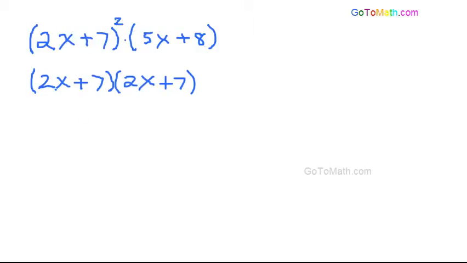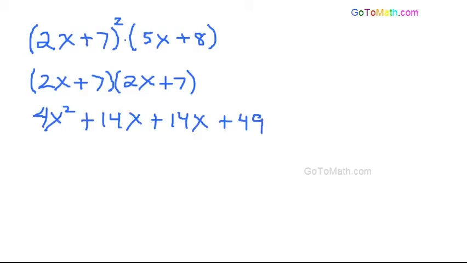How's that? So we have 2x times 2x, that's going to be 4x squared, and then we have 2x times 7, that's going to give us 14x, 7 times 2x, and that's 14x, and 7 times 7 is 49.